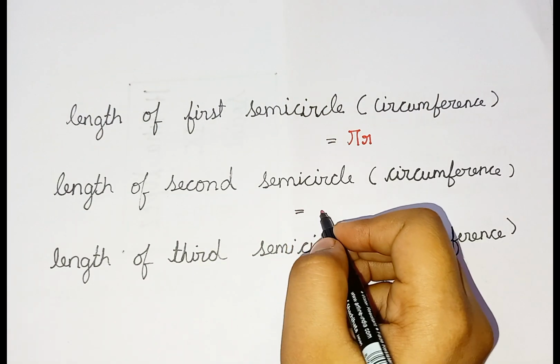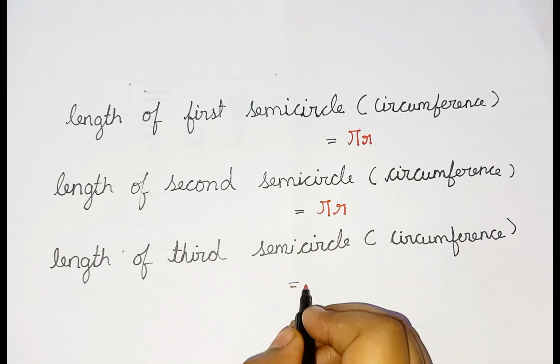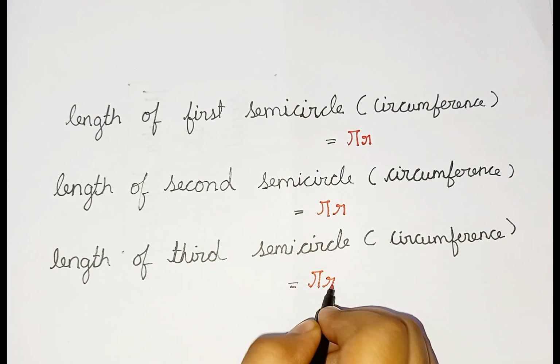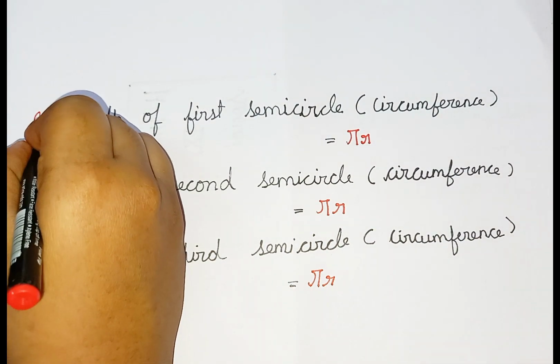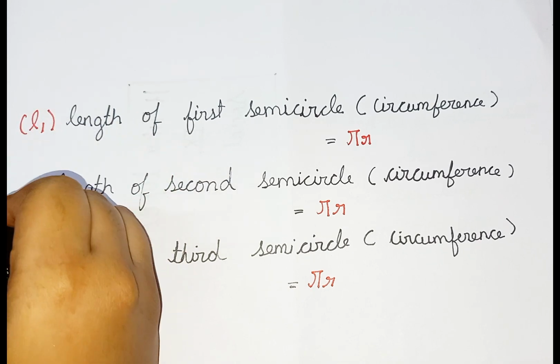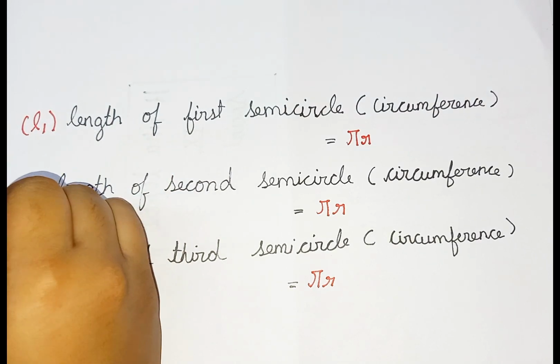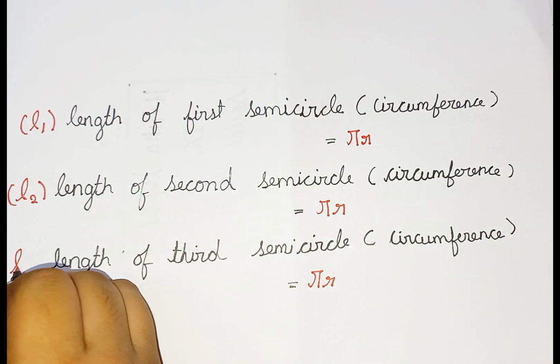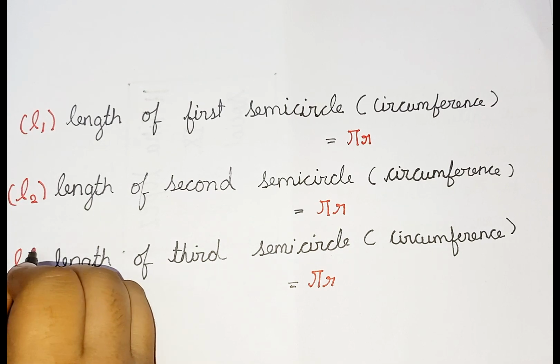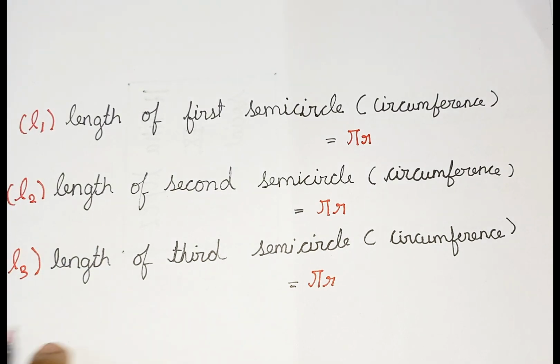Here also I can write pi r. Why? Because this is the formula. So this is L1, that is length number 1, this is L2, length number 2, and this is L3, length number 3. Like that we have 3 lengths, isn't it?